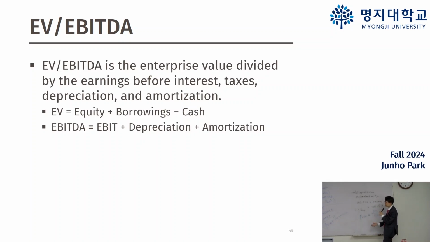In general principle, the problem is that what we want to have is the free cash flow. It is OCF, operating cash flow, minus capital expenditure, minus change in net working capital.